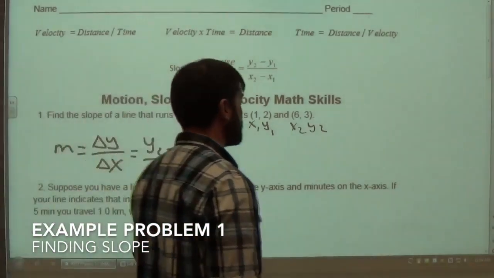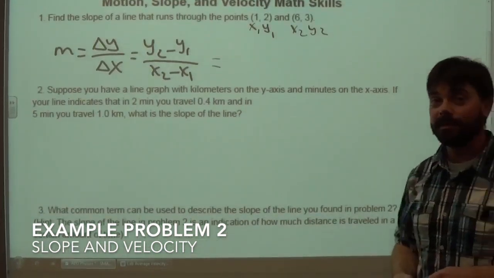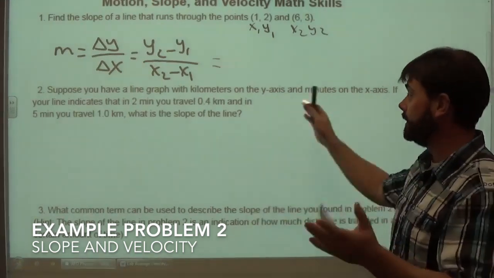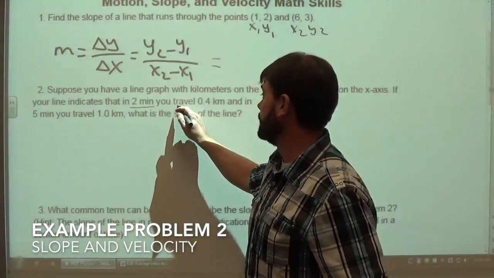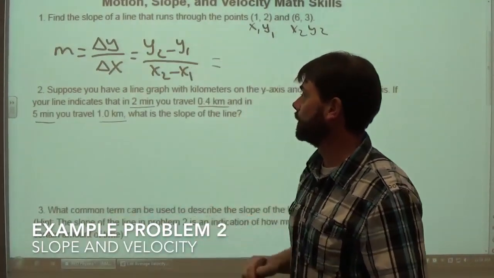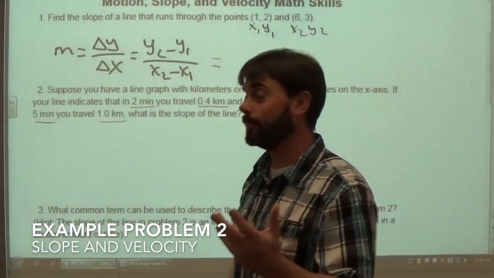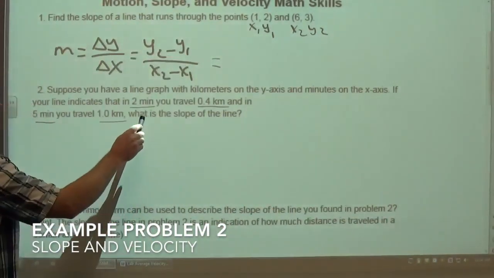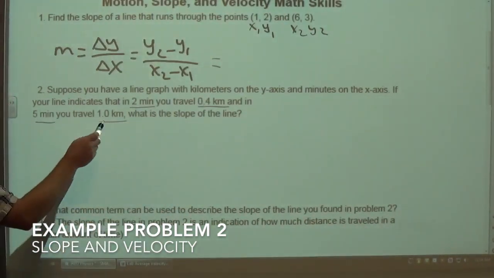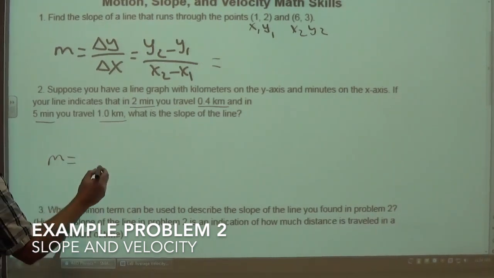Now for problem number 2, they're basically doing the same thing except they're giving you distances and times. If you read what they give you: 2 minutes at 0.4 kilometers, 5 minutes at 1.0 kilometers. So if we think of this in terms of distance and time, or x and y, your first point is 2 minutes and 0.4 kilometers, and your second is 5 minutes and 1 kilometer.